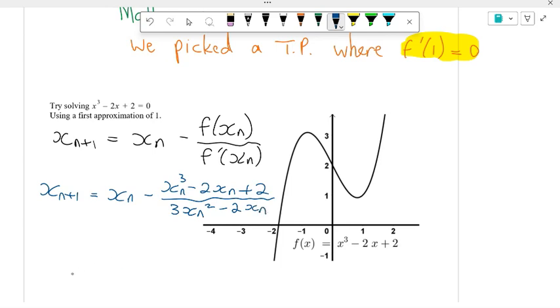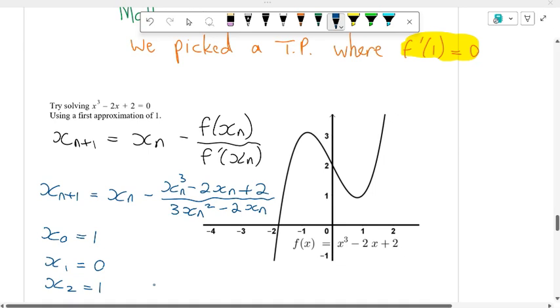So what happens? x naught is 1. What's x1? You got 0, and x2? 1. Yeah. So what it does is it cycles, okay?